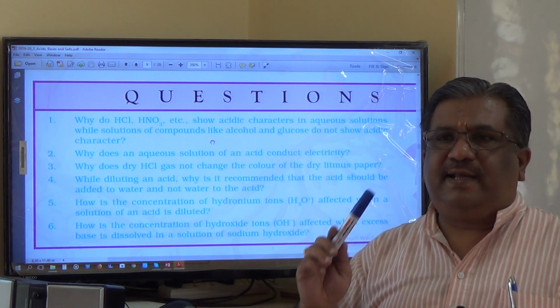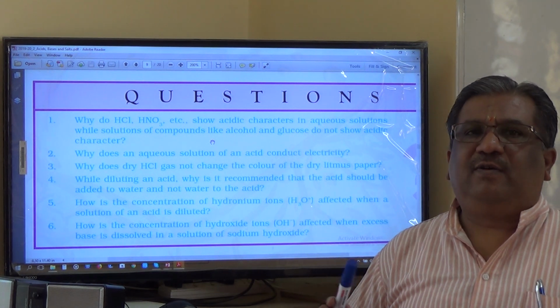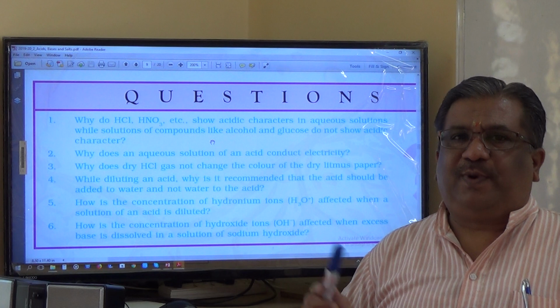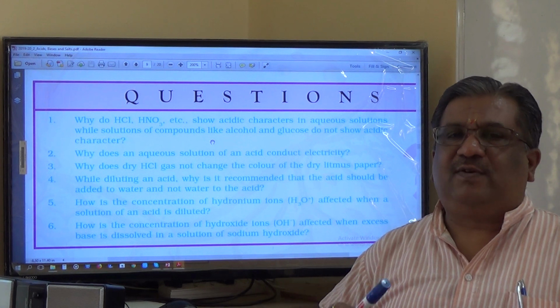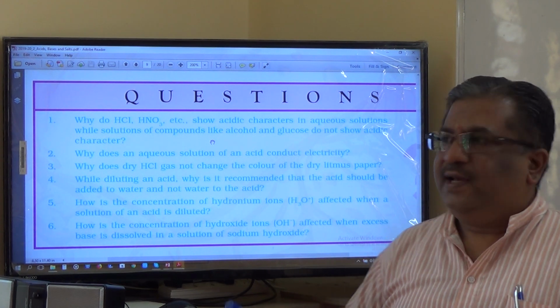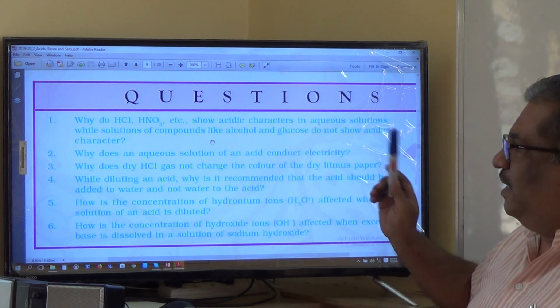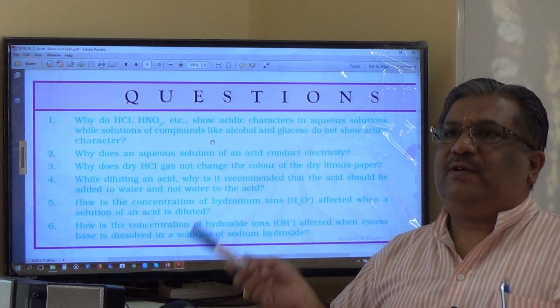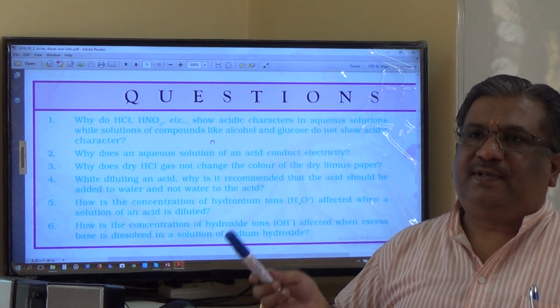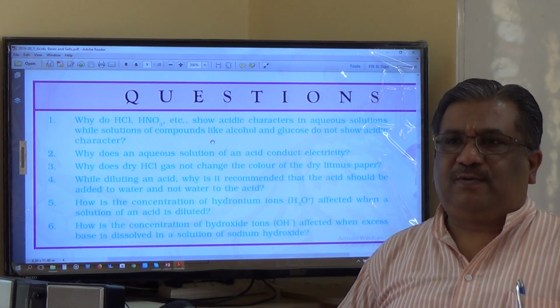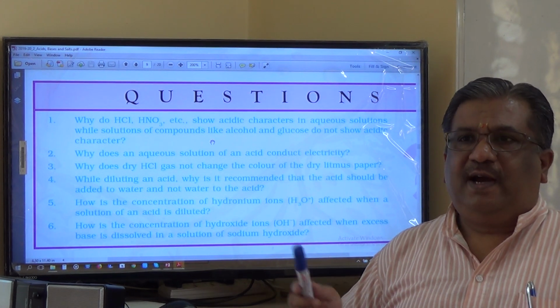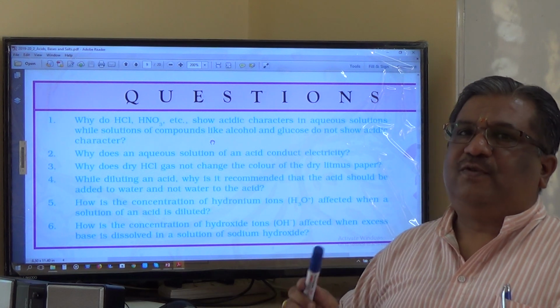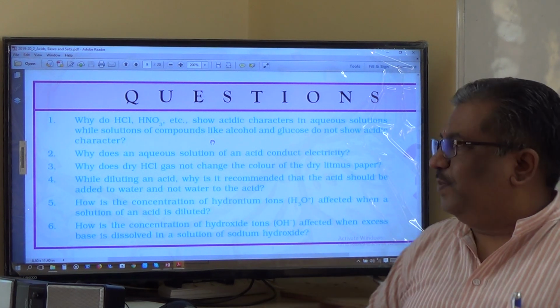Dry HCl gas cannot undergo dissociation to produce H plus ions, and hence it does not exhibit acidic property, hence it will not change the color of the dry litmus paper. Whereas if you take the wet litmus paper, in the presence of water, HCl undergoes dissociation to produce H plus ions, and that exhibits acidic character, so the blue litmus will change to red.